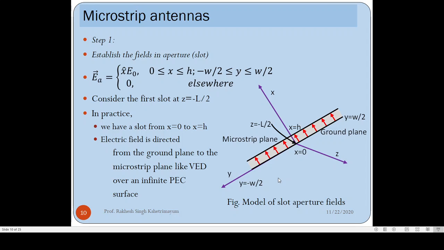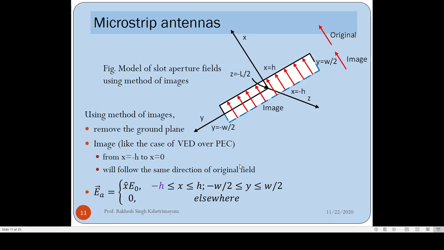So if we apply the principle of method of images, then what do I have? This was the original vertical electric dipole. Let us just consider one of them. Now there was a ground plane here. We remove the ground plane, and in order to satisfy the boundary condition of the original problem, I need to introduce an image current density.